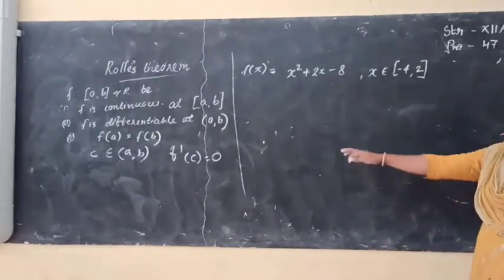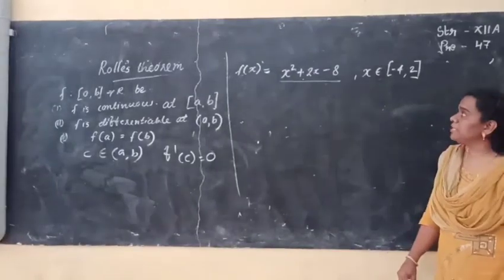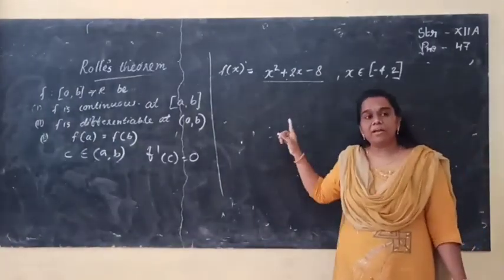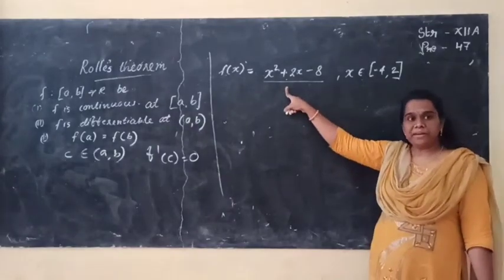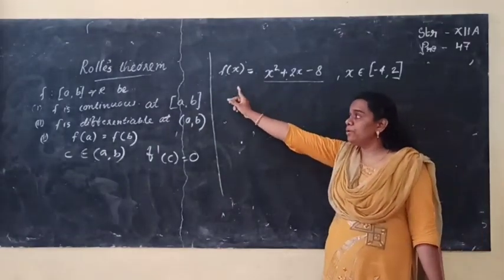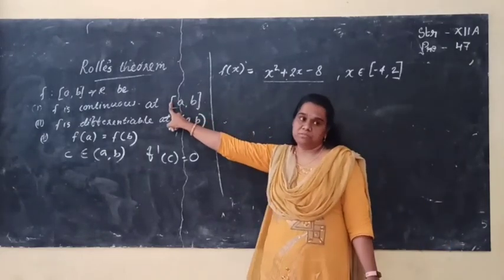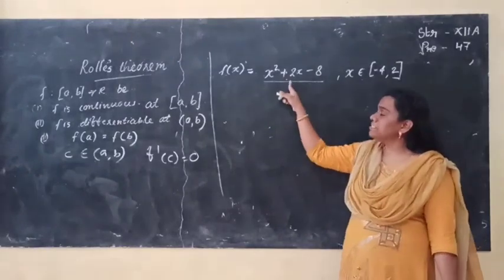Let us take the conditions. What is the function here? Here the function is x squared plus 2x minus 8. What kind of function is it? It is a quadratic polynomial. All polynomial functions are continuous, and it is differentiable also.